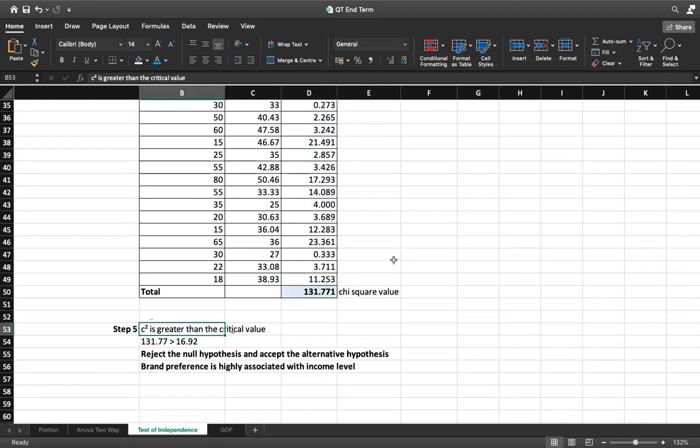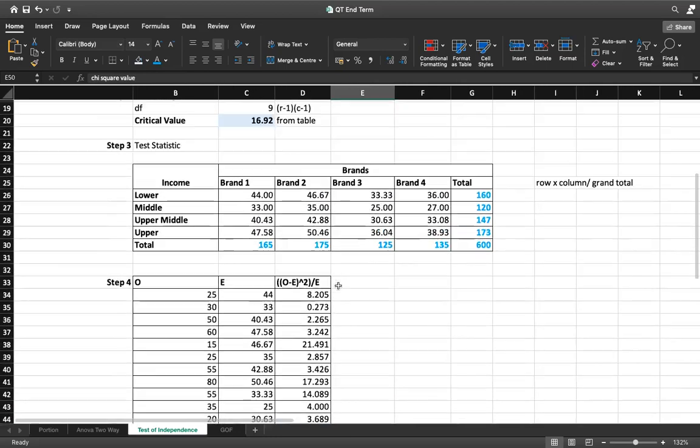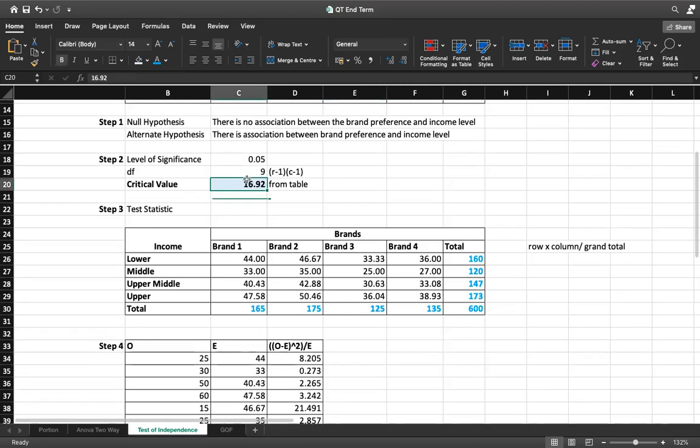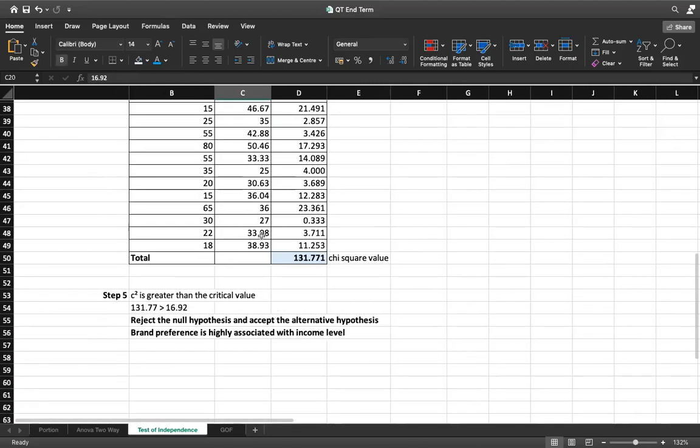Now we can see that our chi-square value is obviously much bigger than our critical value. This basically means that it is outside the acceptance region. So you reject your null hypothesis and you accept your alternative hypothesis, right?